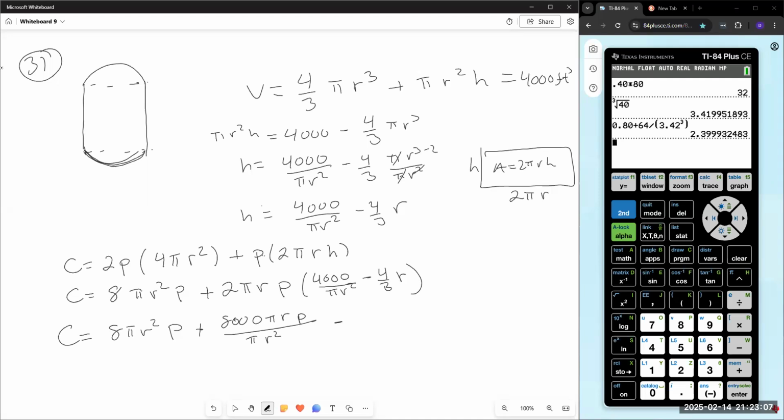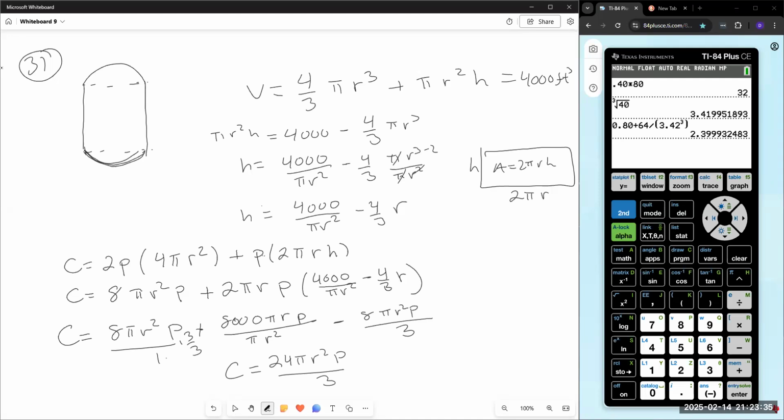I'll just do everything here, 8 pi r squared p over 3. And I'll make this have a denominator of 3 as well, to say C is equal to 24 pi r squared p over 3.